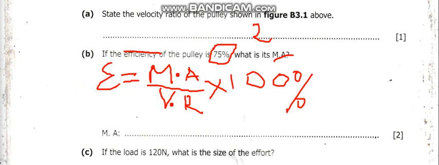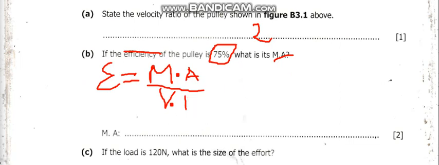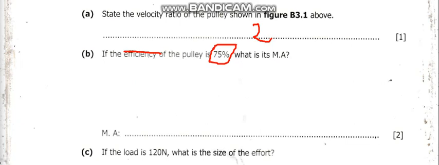Okay, so now when coming to our calculations, we're going to do what I've just mentioned. So let's look at our calculations. We'll say efficiency will be equal to the mechanical advantage, divided by the velocity ratio.